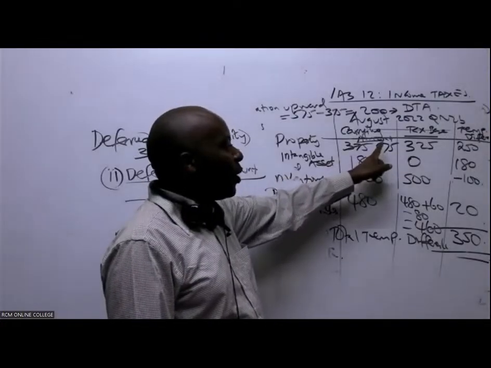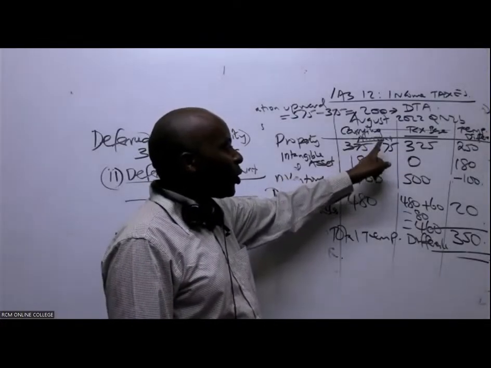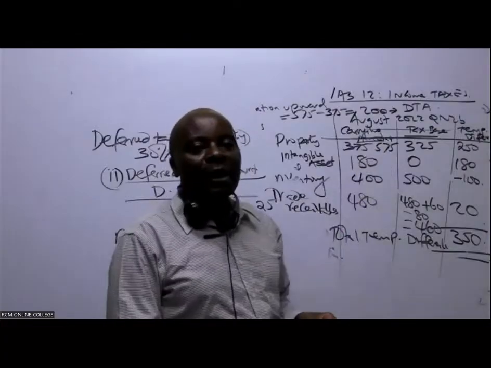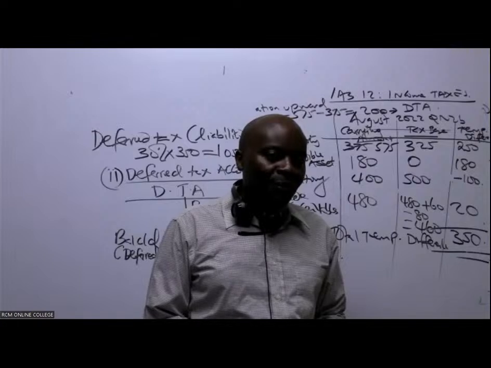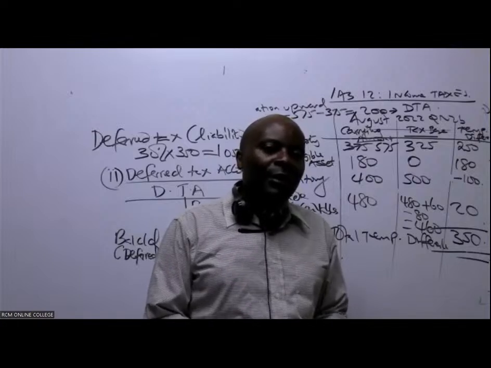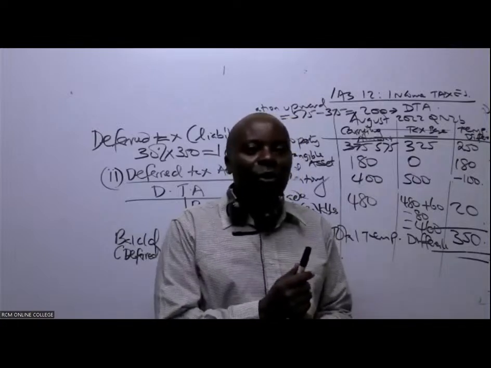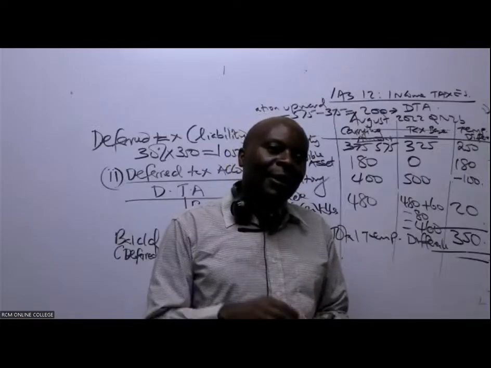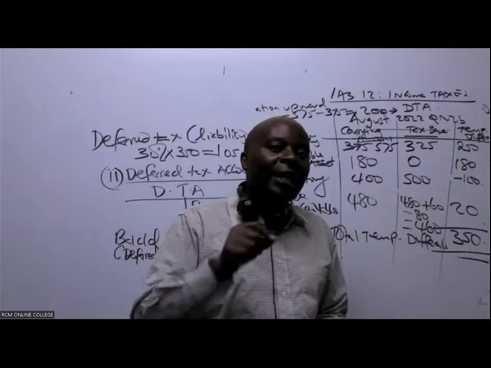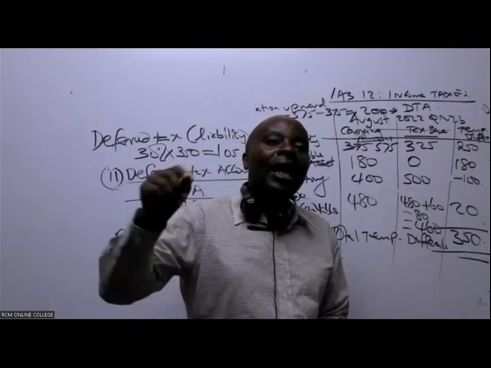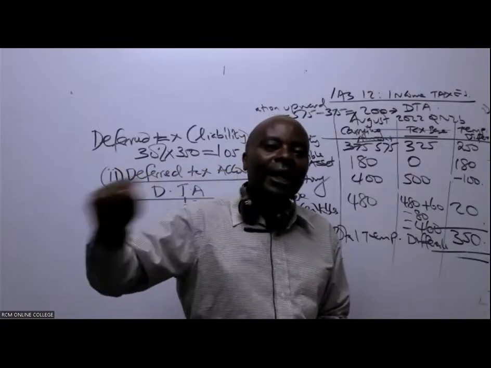So this revaluation amount, ladies and gentlemen, leads to what we call permanent differences, because the revaluation amount here, the taxman will never allow. Remember we said permanent differences are those differences which arise on transactions that are disallowed by the taxman.